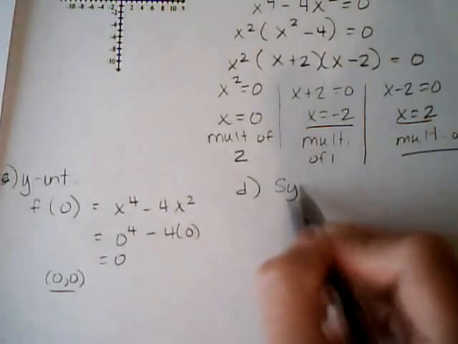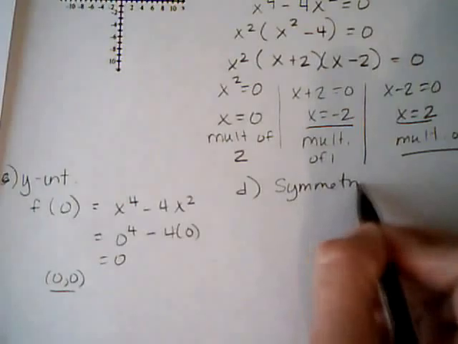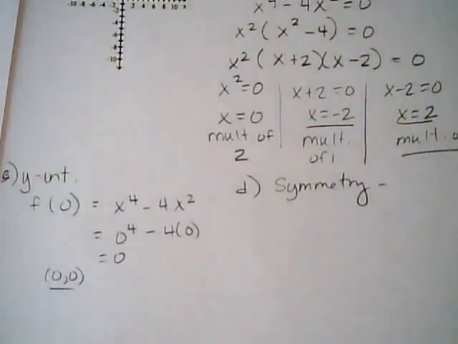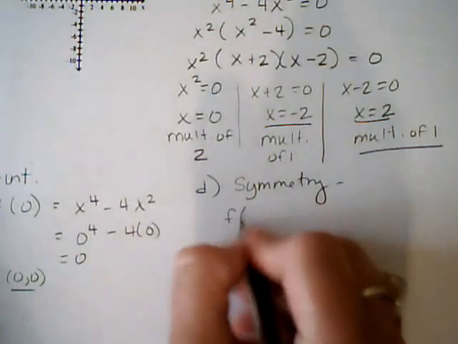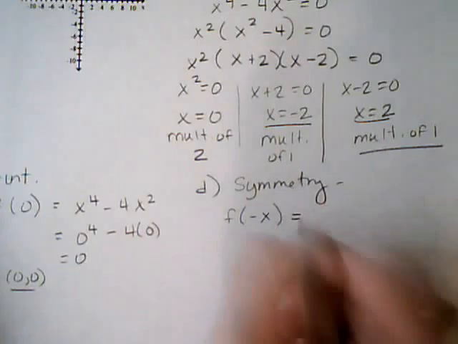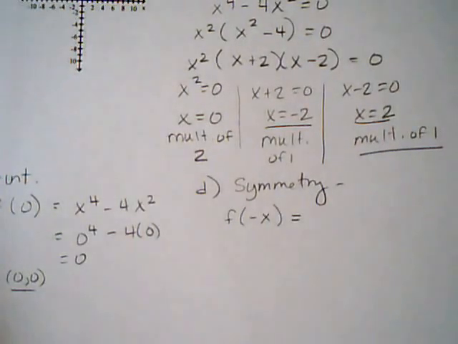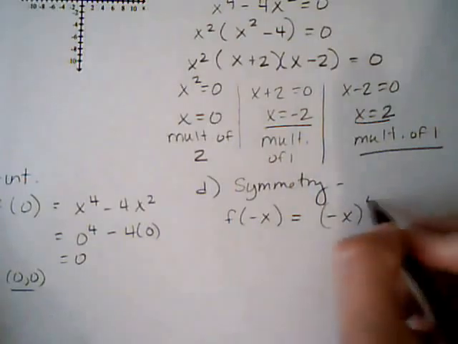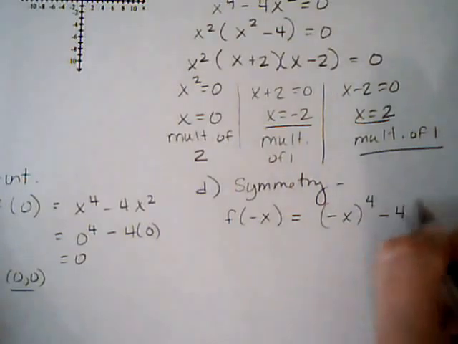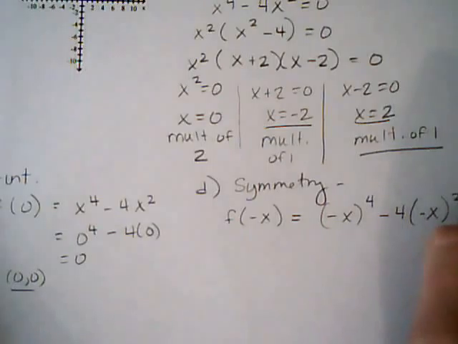So the fourth part that I'm going to do is look at whether or not this graph has symmetry, and to do that we would test to see if it's even or odd. So if you go back from chapter 1, that means I want to evaluate the function at negative x. So if I plug in a negative x, it would be negative x to the 4th minus 4 times negative x squared.